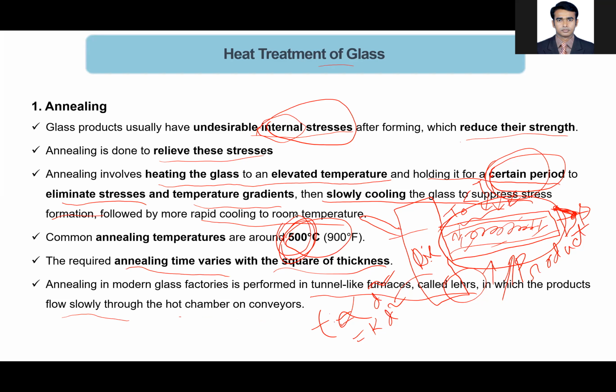How long the glass will be inside that furnace depends on the thickness of the material. If the thickness is higher, then the annealing chamber length is larger, and if the thickness is lower, then the annealing chamber will be smaller. That means it will stay in the annealing chamber for a small amount of time.